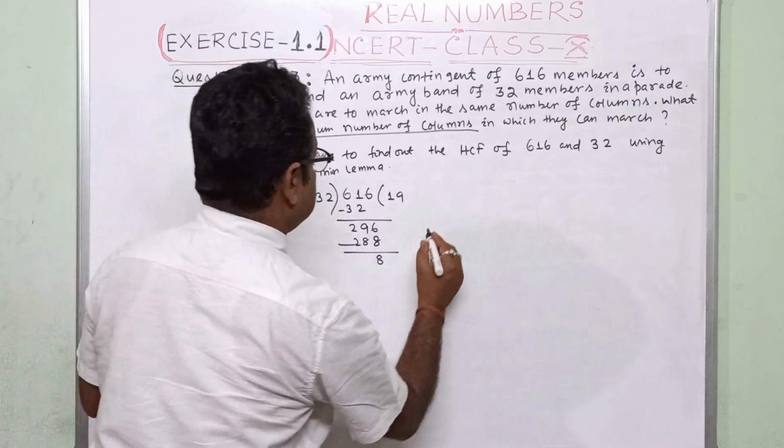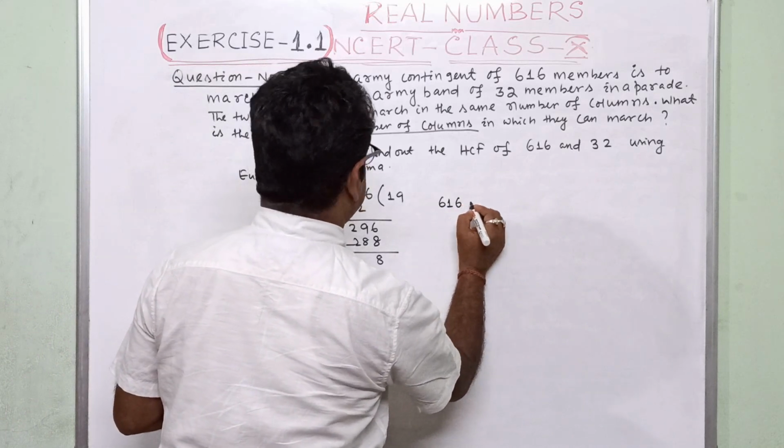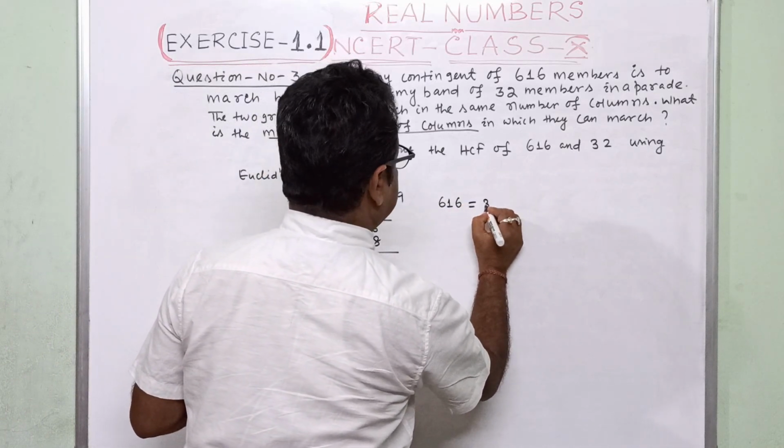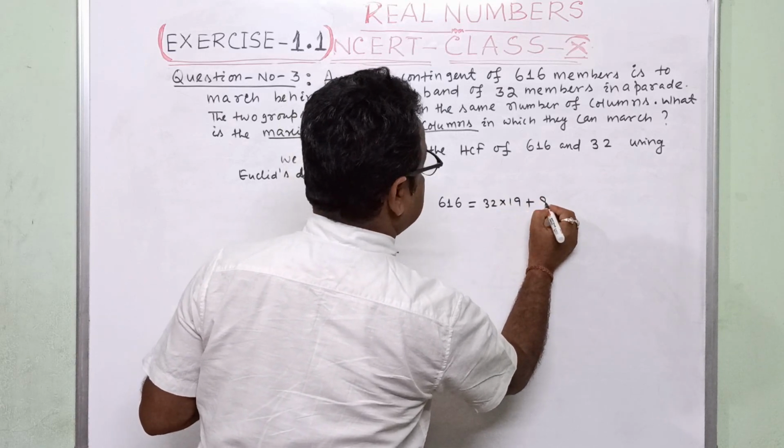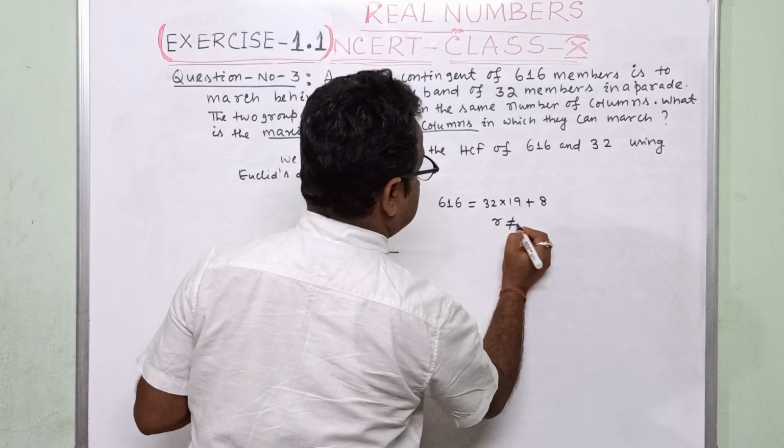So here 616 is equal to 32 into 19 plus 8, where r is not equal to 0.